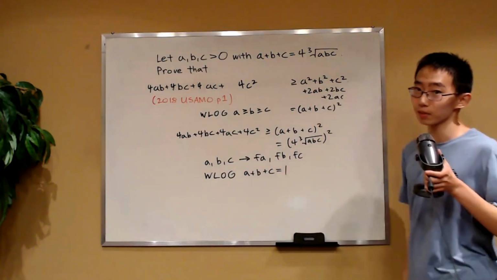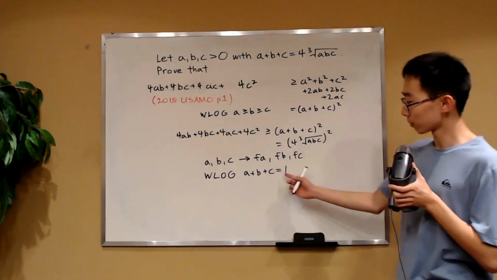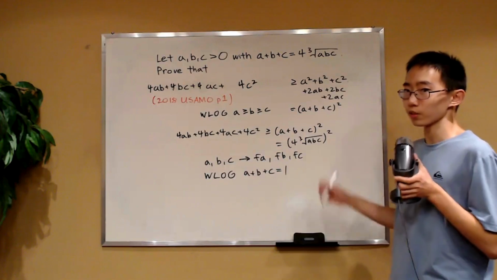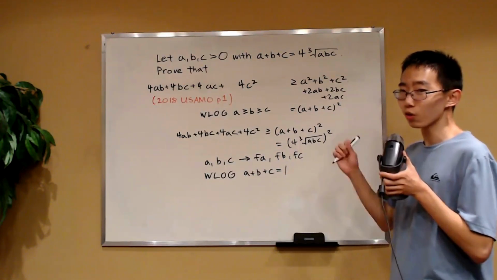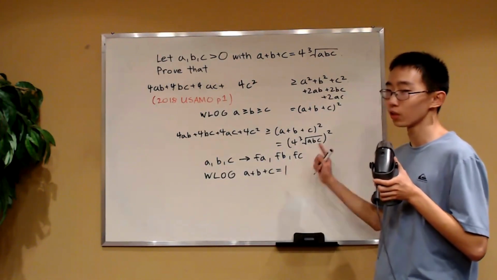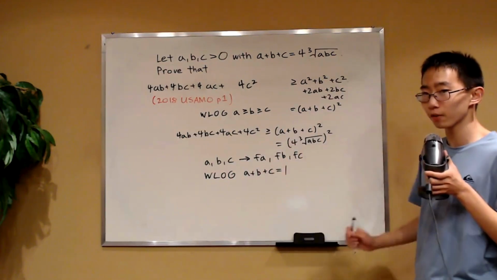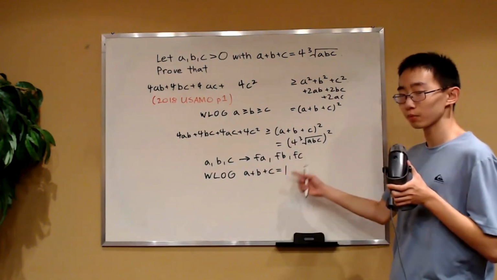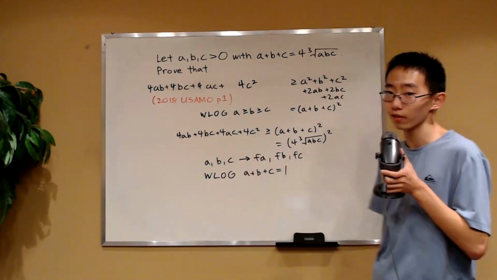The reason is that if this inequality holds for sets of positive real numbers summing to 1, then it must also hold for sets of positive real numbers not summing to 1. You can scale each of a, b, and c by some common factor, and it can sum to other values as well. So this is indeed without loss of generality.